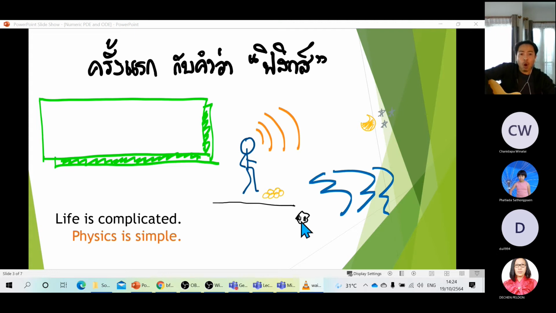You also see a bunch of rocks on the beach, this black dot here. You walk there, you see the waves coming, and you shout or sing a sad song that you heard before, to the sea.